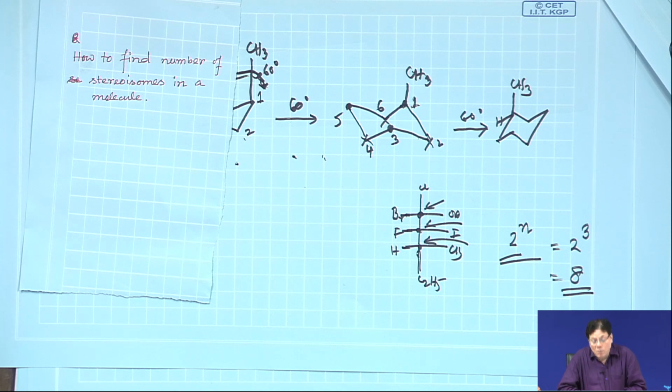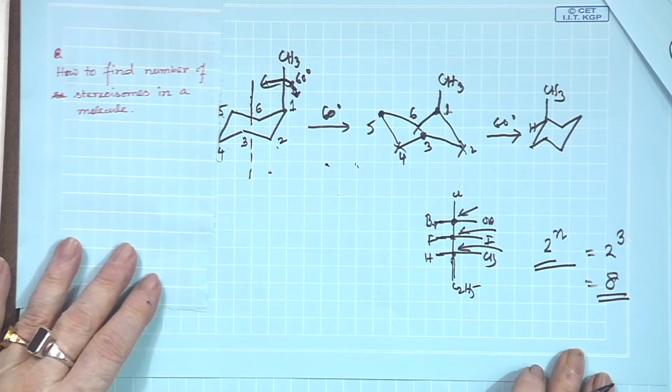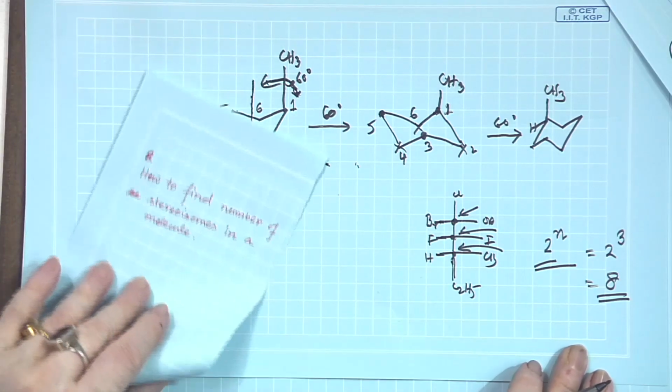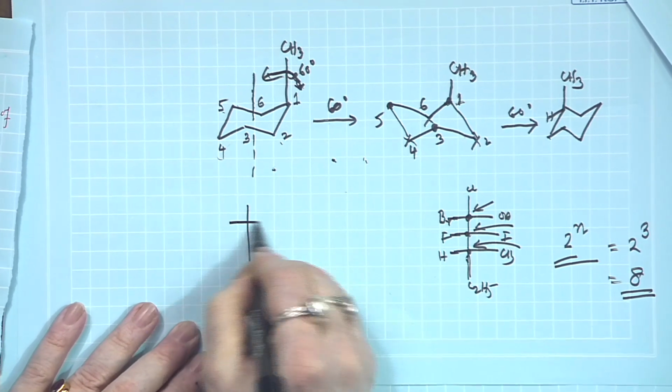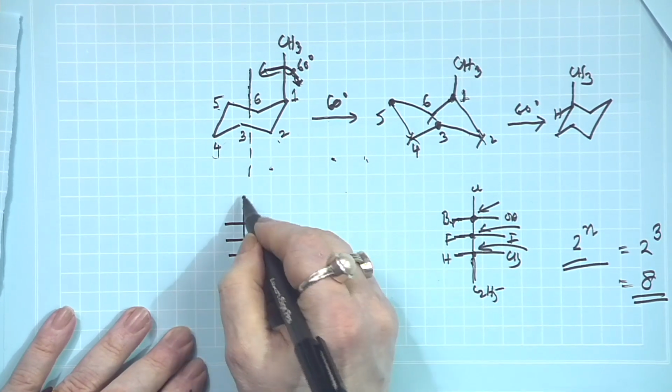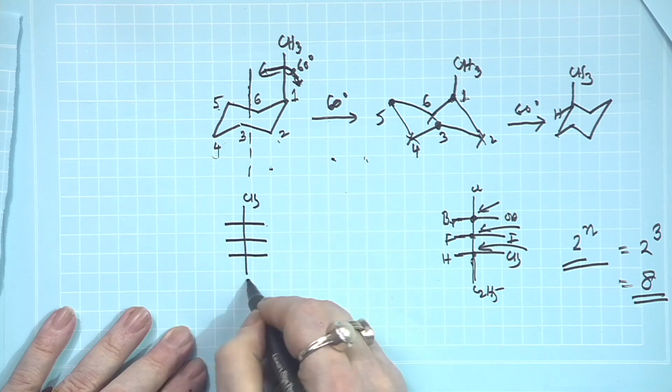However, when you have similar chiral centers, similar means constitutionally similar, then the number of stereoisomers is reduced, because then the question of meso compound comes. Suppose you have a molecule like this: you have CH3, you have CH3.